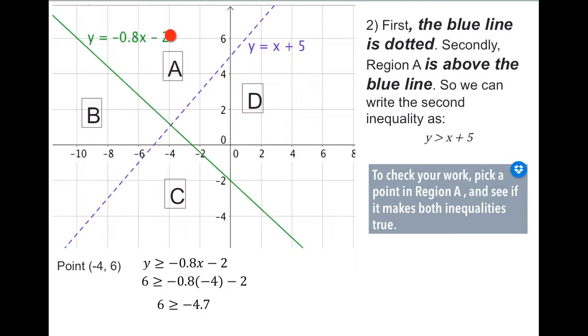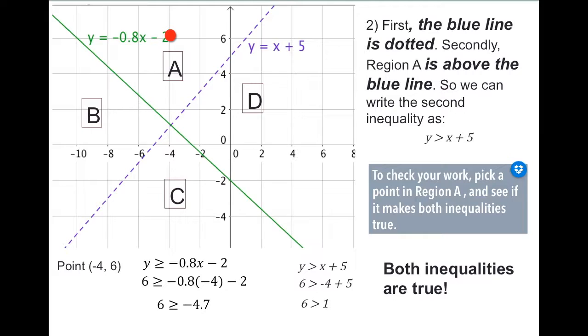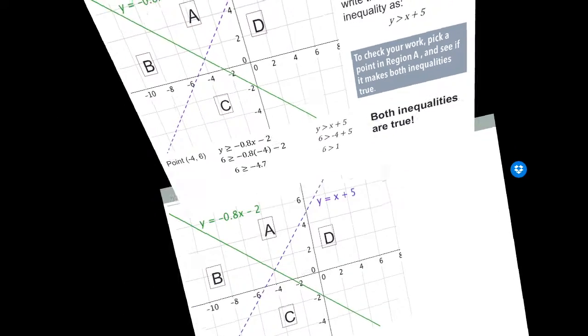And I get that 6 is greater than or equal to negative 4.7, and that seems pretty reasonable. For the second one, taking the same point, I get 6 is greater than negative 4 plus 5. 6 is in fact greater than 1. Both inequalities are true, so we have the right system of inequalities for region A.